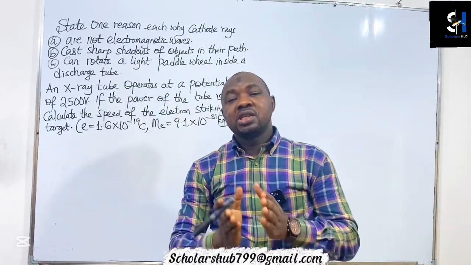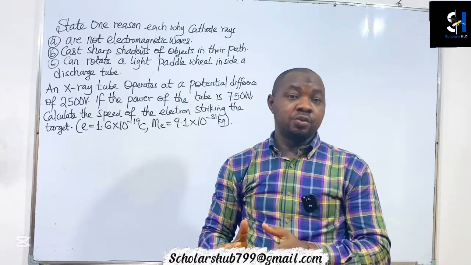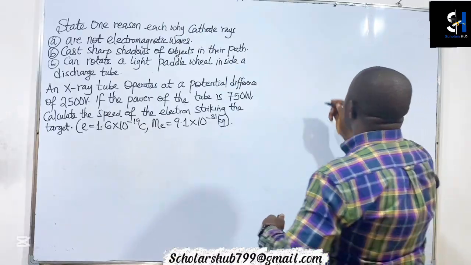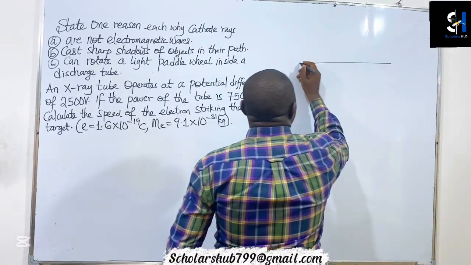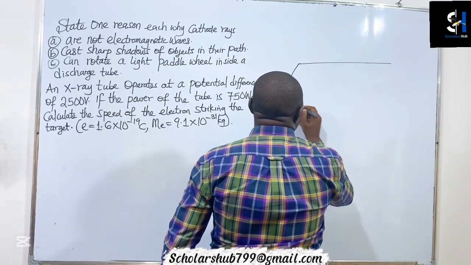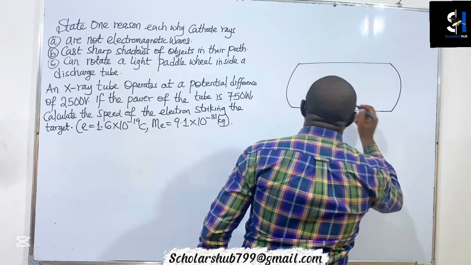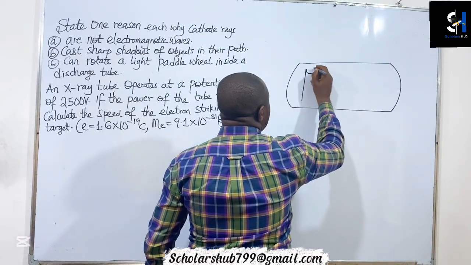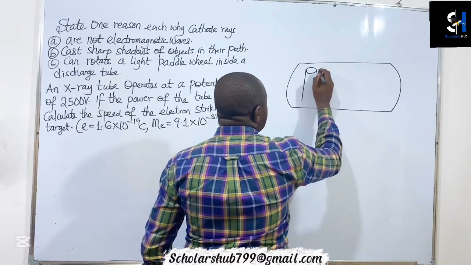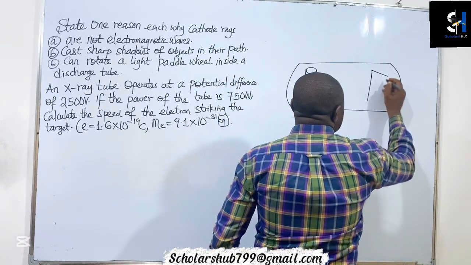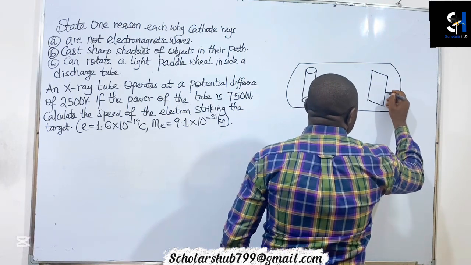They used a cylindrical hard glass tube fitted with two metallic electrodes. Let me draw it on the board. Now, we have a cylindrical hard glass tube. This is what it looks like, fitted with two metallic electrodes. So this is one electrode and this is another electrode.